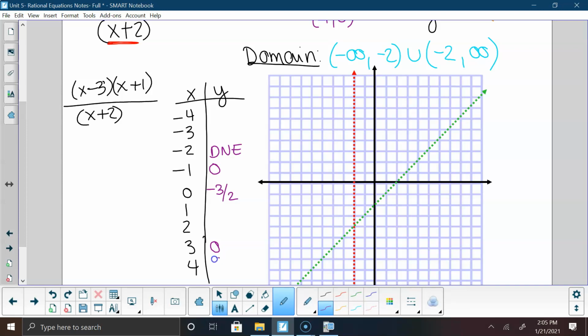People still bring me kids' homework from last year going, I have no idea what this is. Sorry, didn't have that great. Alright, so do you guys want to start graphing your asymptotes? And notice mine are already done up there.